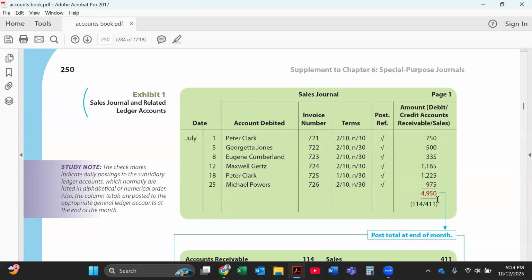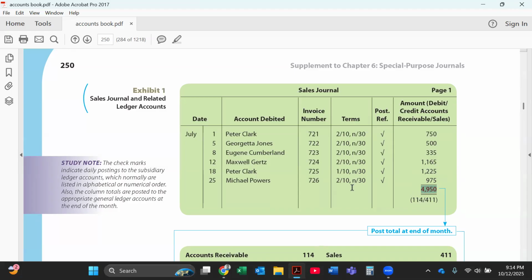The sales journal, as well as all these other journals and ledgers, are just keeping track of specific types of transactions. So this sales journal is keeping track of sales so that at the end of the month, at the end of July, they can see what the total sales are.